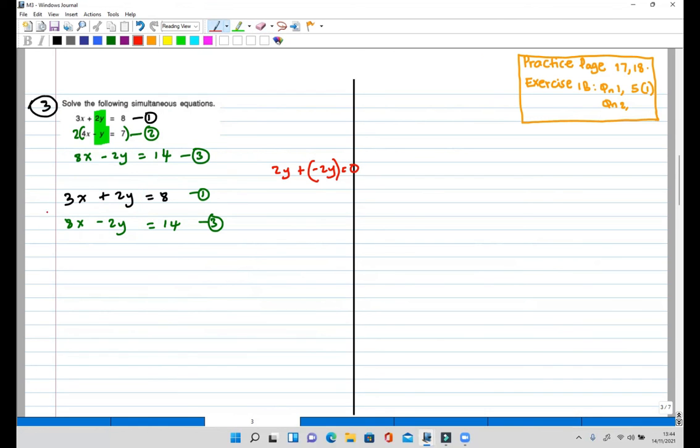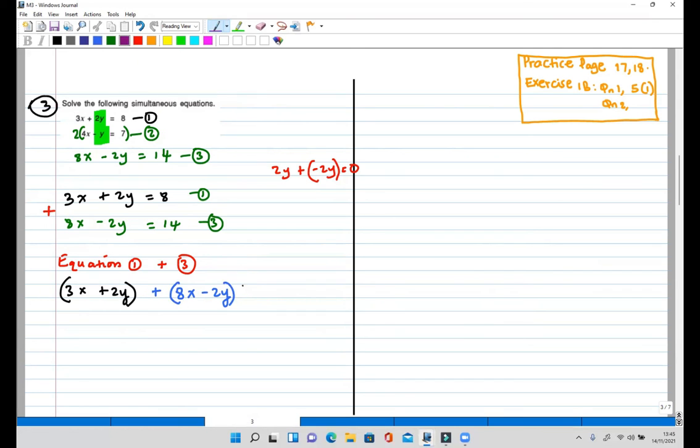So this means that we are going to have equation 1 plus equation 2. No, plus equation 3. Okay, now let's have equation 1 as 3x plus 2y plus 8x minus 2y.